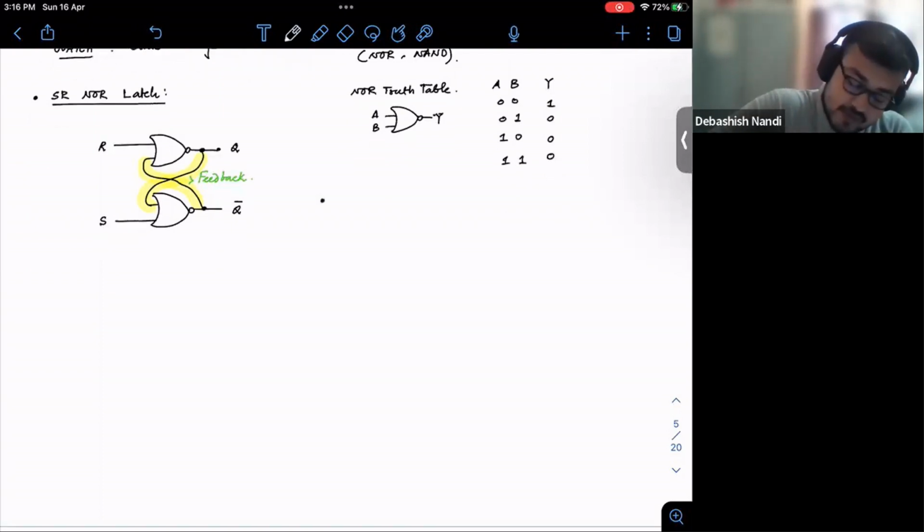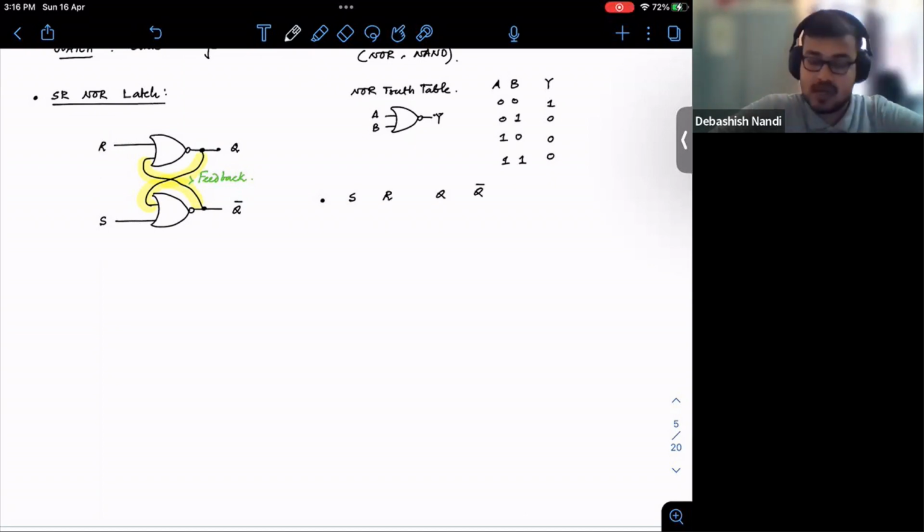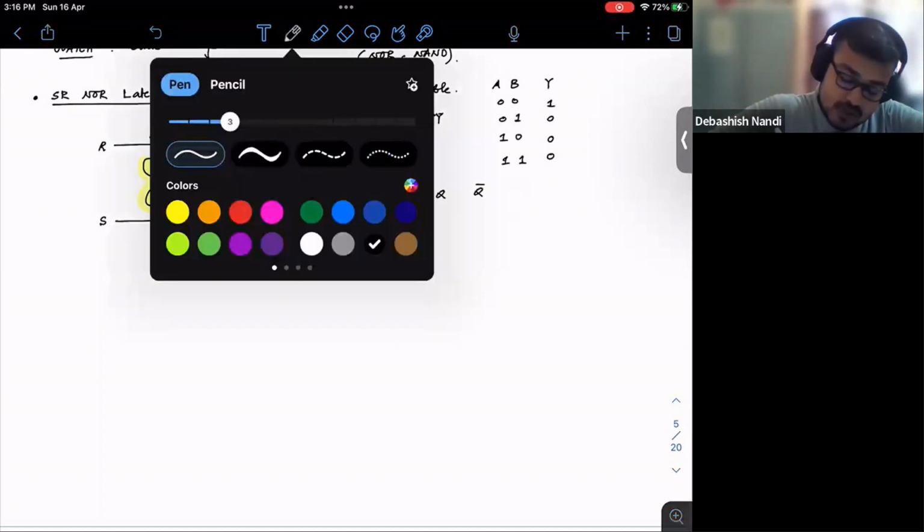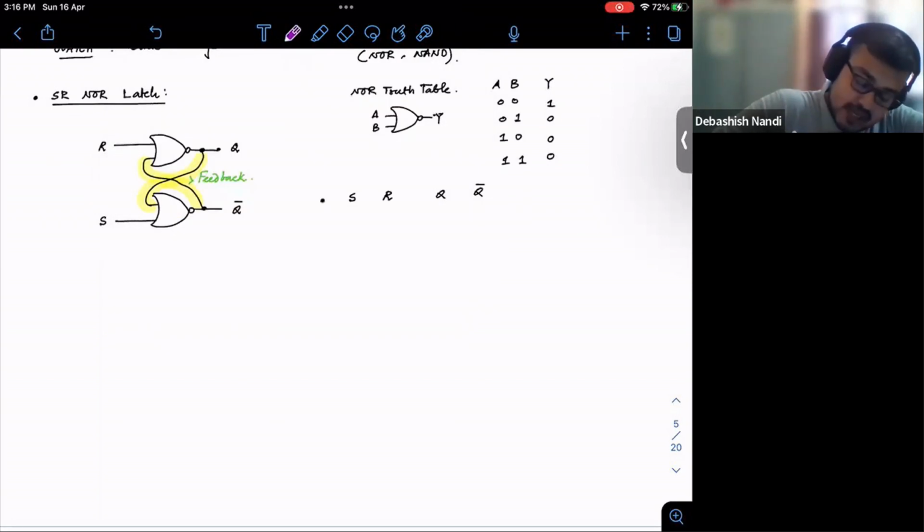If I have to make a truth table out of this function, then let's say you have S, you have R, you have Q, and you have Q bar. Okay. Now suppose I am setting this as S equal to 0, R equal to 1. Okay.